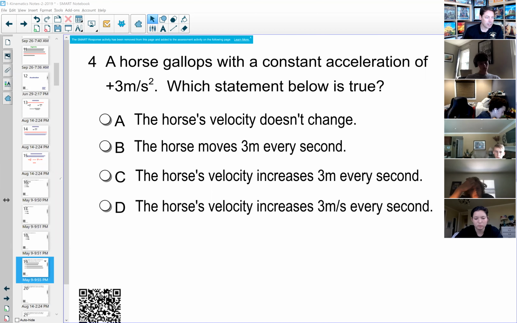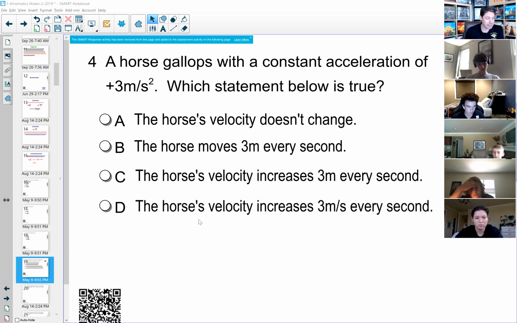Or D, the horse's velocity increases 3 meters per second every second. All right, good. I see more than half of you replying, and almost all of you agreeing. It is D. The horse's velocity is increasing 3 meters per second every second.